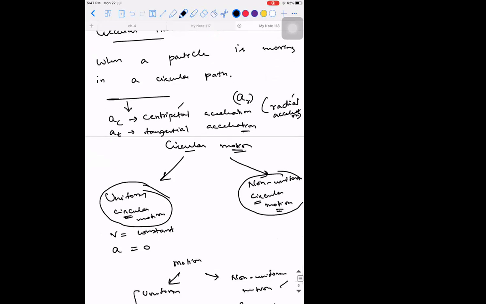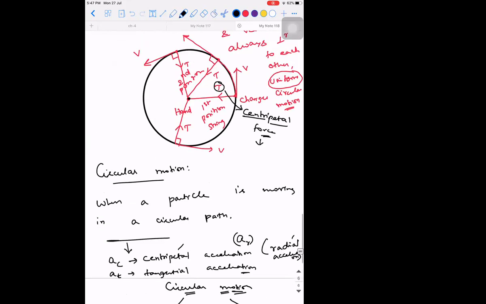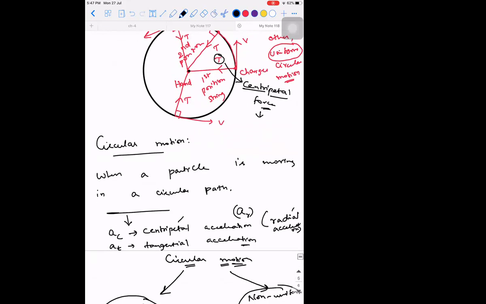Yes, sir. For uniform circular motion, one important point you need to be careful about is, you wrote the acceleration is 0. But tell me one thing, velocity is there, no? With respect to uniform circular motion, how is the velocity of the particle? Is it acting along the tangent or along the radius?